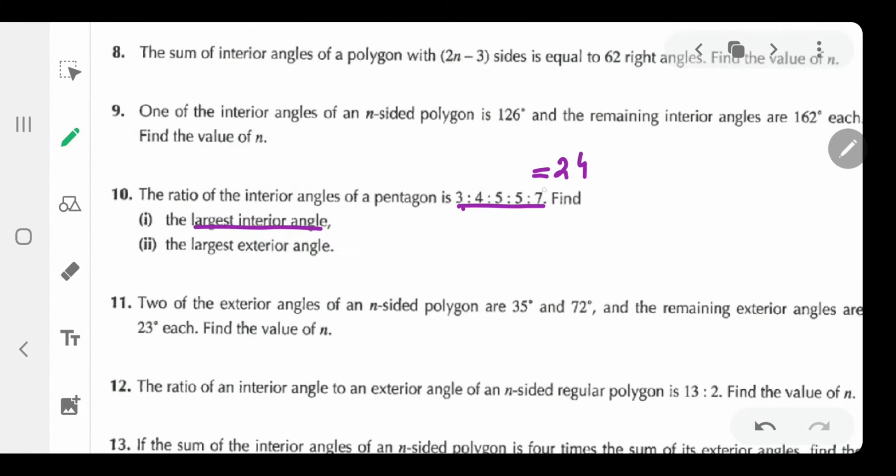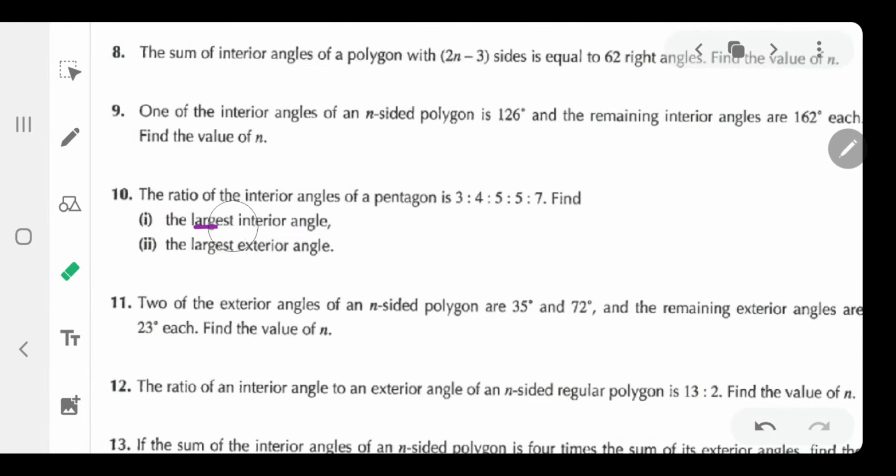The largest ratio is 7. So all I have to do is write 7 divided by 24 multiplied by 540 degrees. After calculations, we find the largest interior angle is 157.5 degrees.